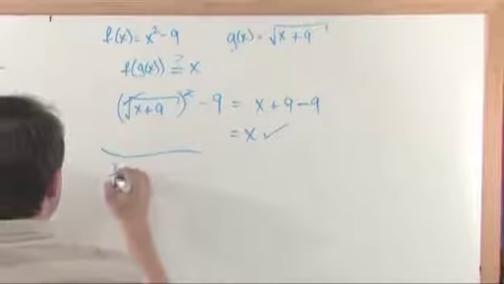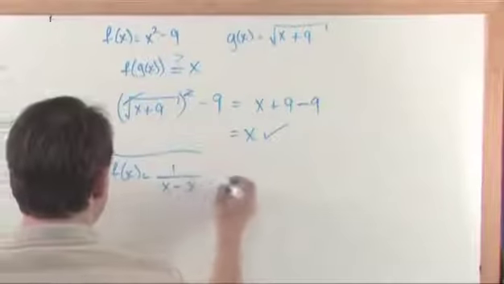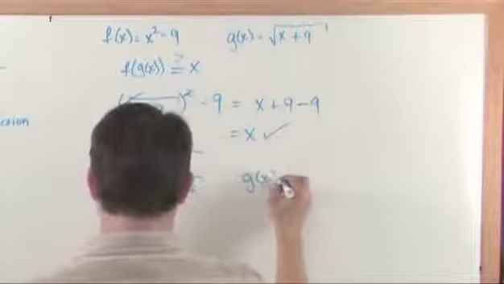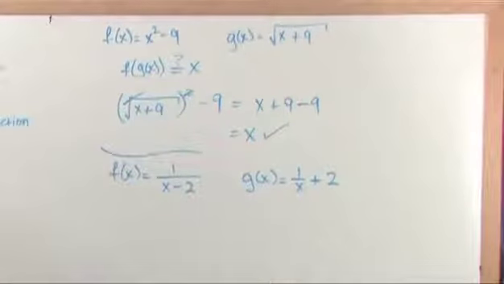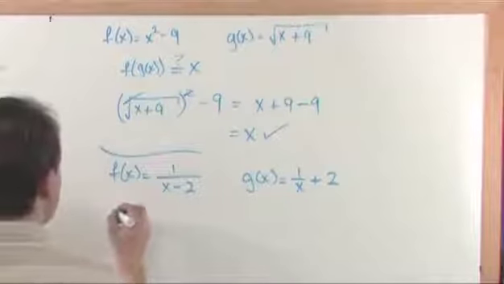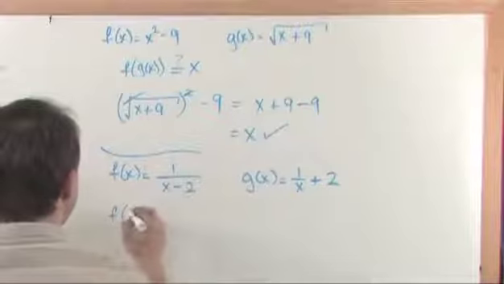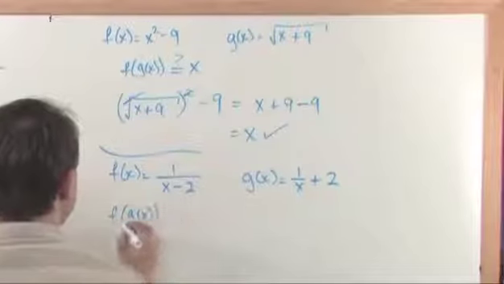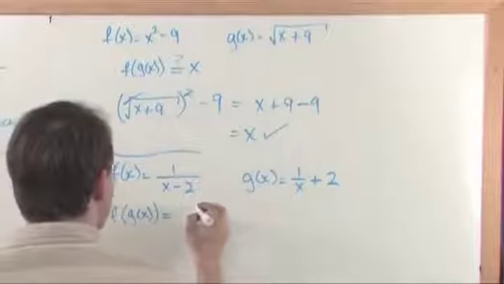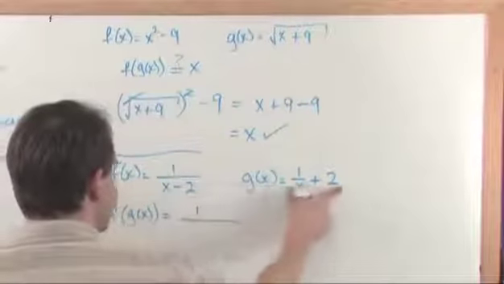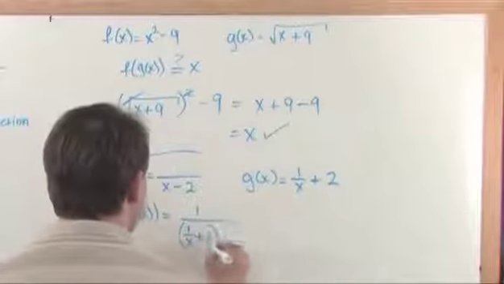And we'll do one more. We'll say f of x is equal to 1 over (x minus 2), and g of x is equal to 1 over x, plus 2, like this. Are these functions inverses? Let me try f of g of x. Let me take g of x and plug it in here. 1 over, plugging this entire thing down here, 1 over (1 over x, plus 2) minus 2.